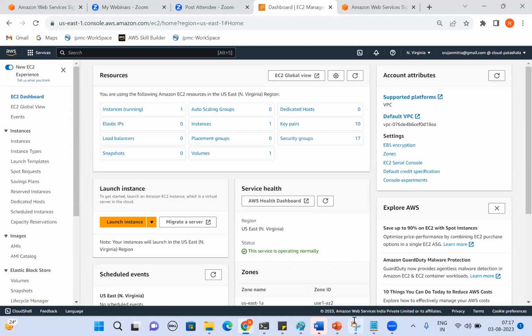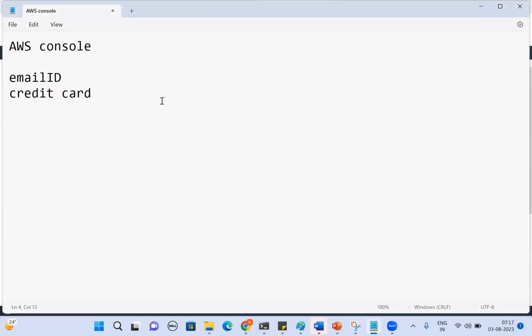Let me open the notepad. EC2 is known as Elastic Compute Cloud. To run your application or anything for your usage, you need one machine, right? Let's say a laptop or a desktop.